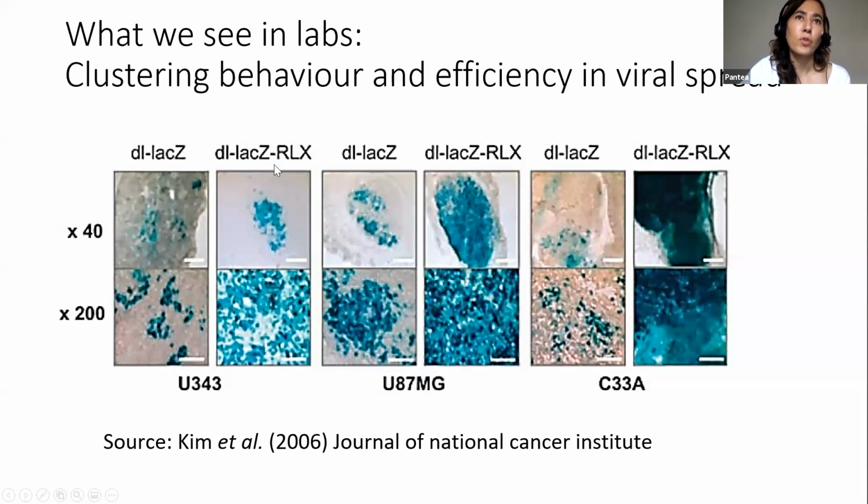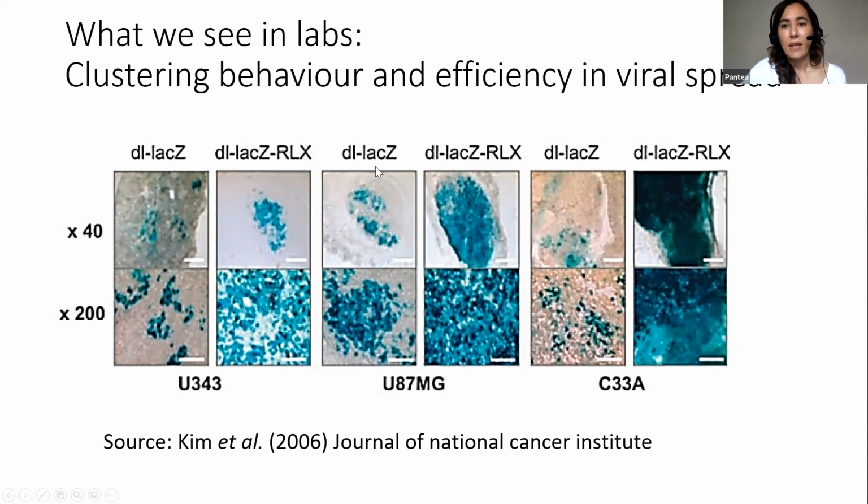Now, again, if you reduce the collagen with relaxin, you get a much better spread. These are just the images magnified. And this is true in all 3 cell lines. We see clusters over in this one, and here we see a good spread of infection. So again, we see this link between collagen density and virus spread.